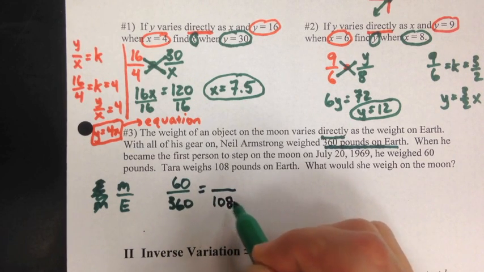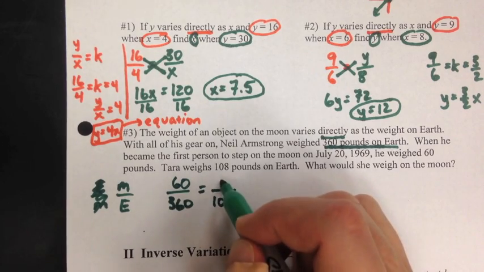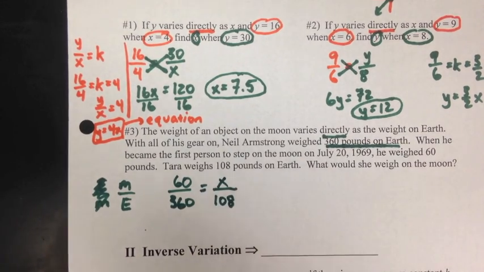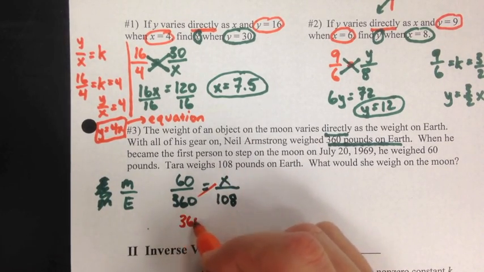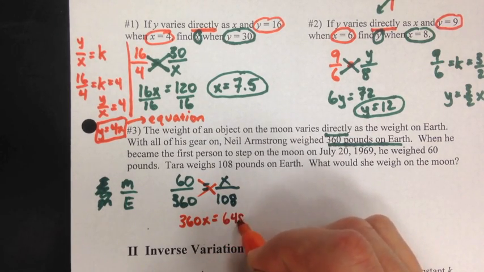I'm putting the Earth weight on the bottom, so 108's on the bottom. What would she weigh on the moon? I'll call that x. Once you have the proportion, you solve it by cross multiplying, so we'll do 360 times x equals 60 times 108, which I'm going to punch into a calculator, and we get 6,480.